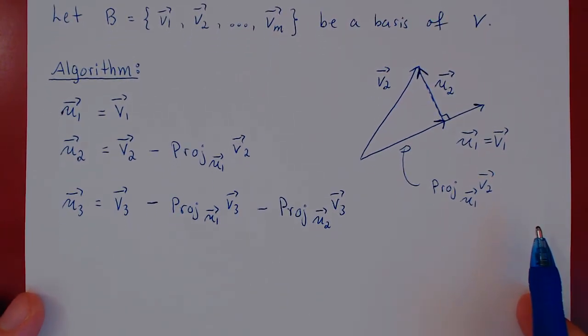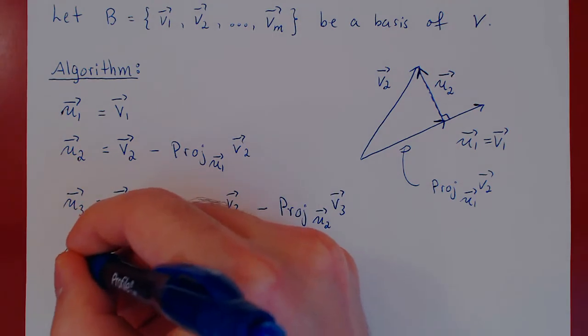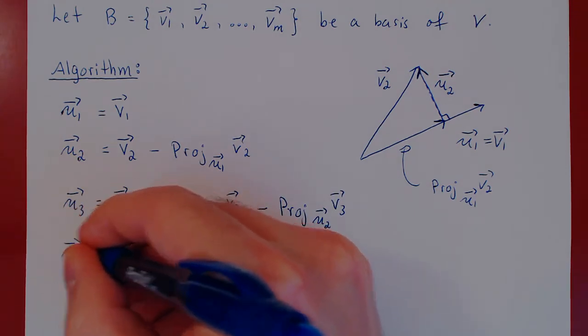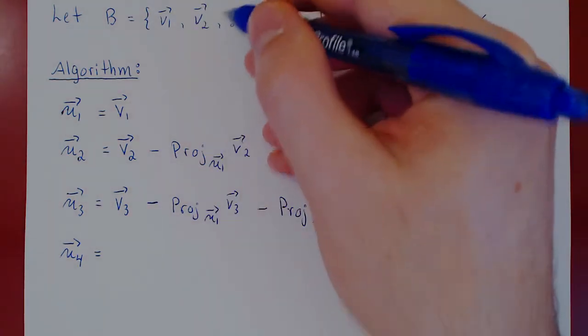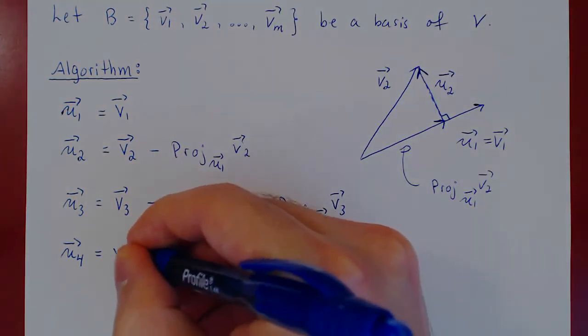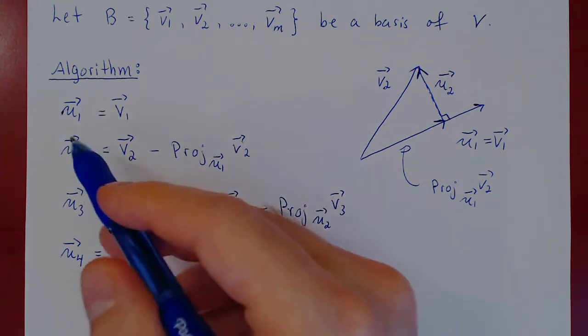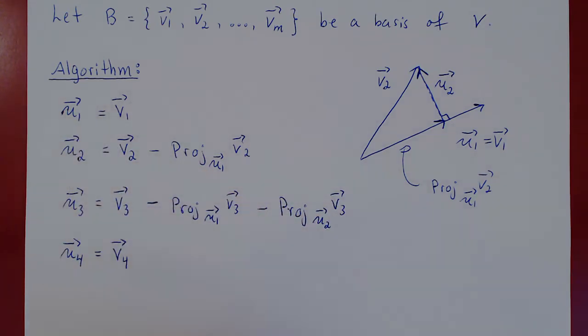Let's do one more, and then we'll see how we can generalize very easily to the kth vector. How would you build the kth new basis vector? You will take the old basis vector v4, but now you already have u1, u2, and u3 to span 3 dimensions for you.